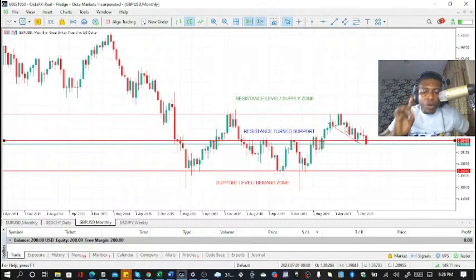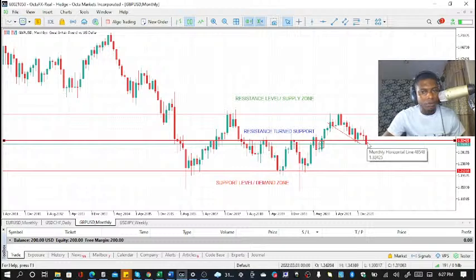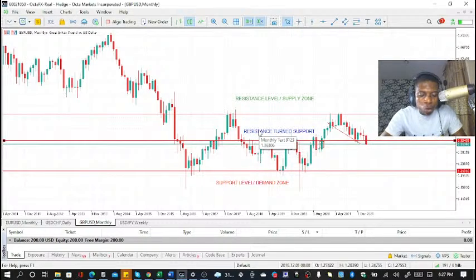So the area of focus where we have to keep our eye is this month's candle, right? Now we can see that this month's candle has broken through the resistance turned support, which means it has now come to this level.